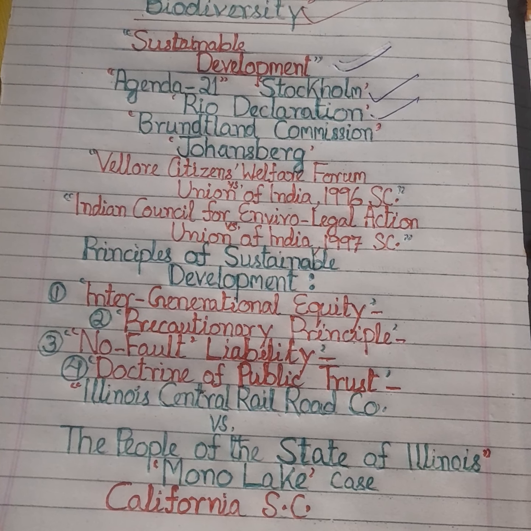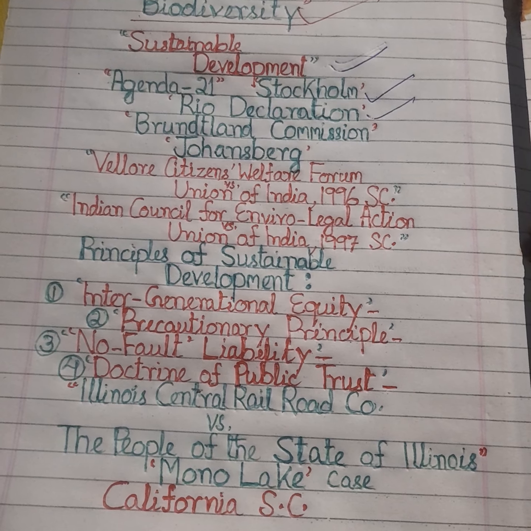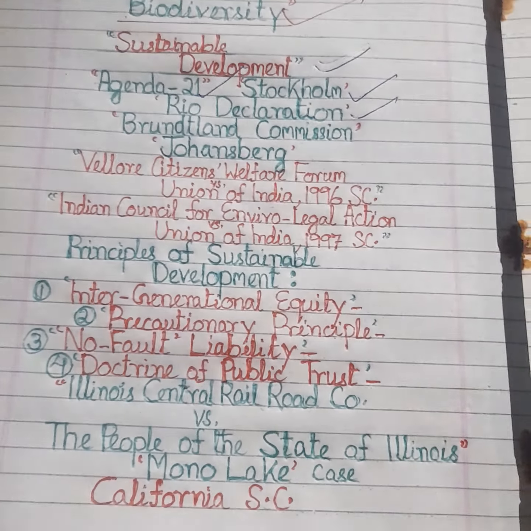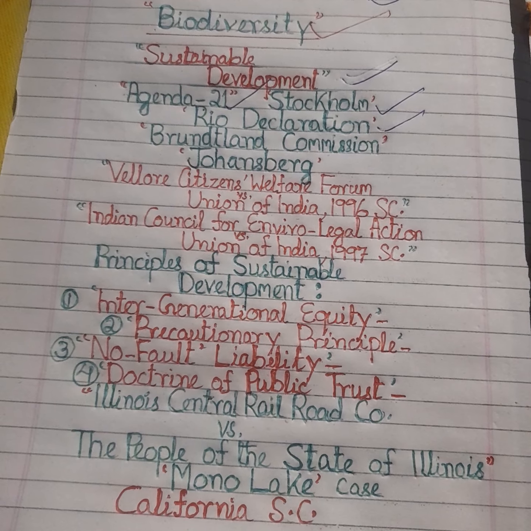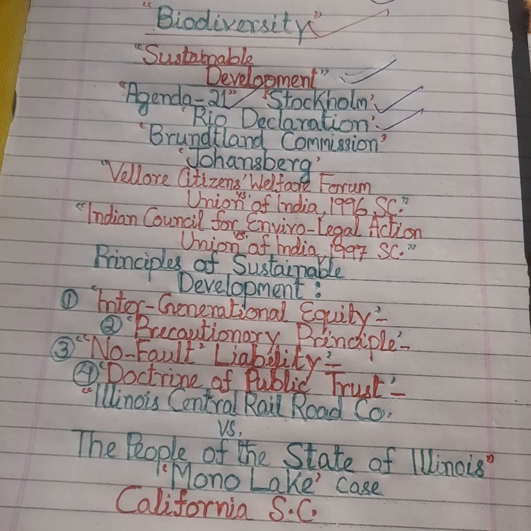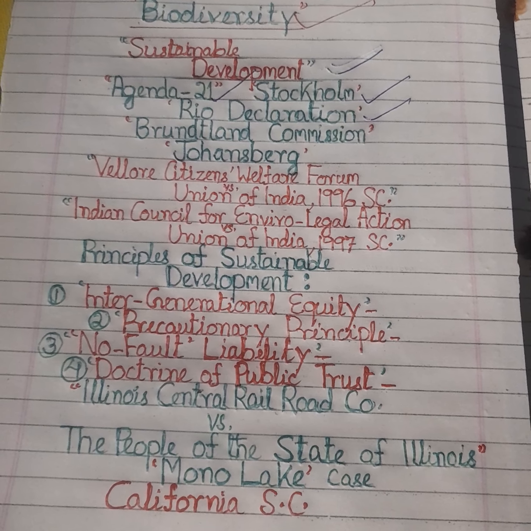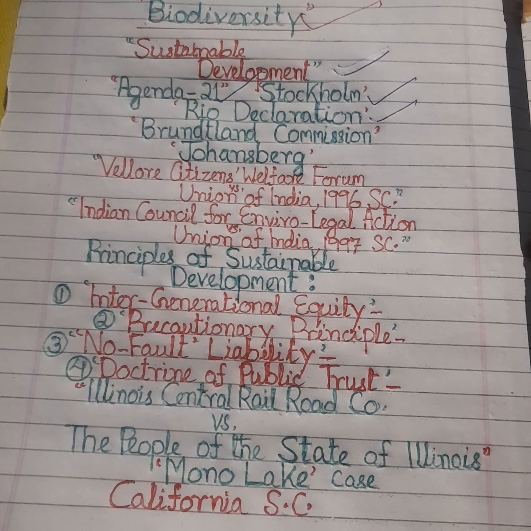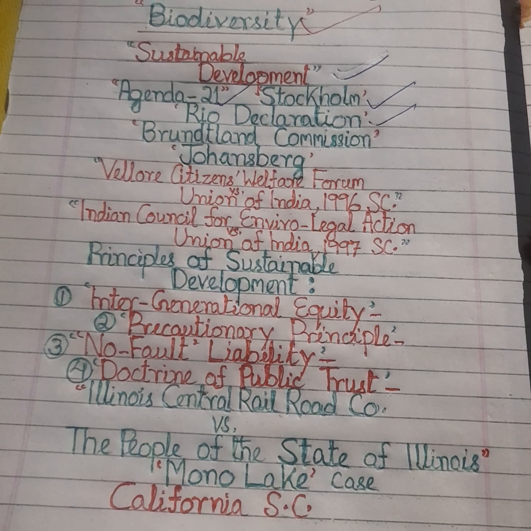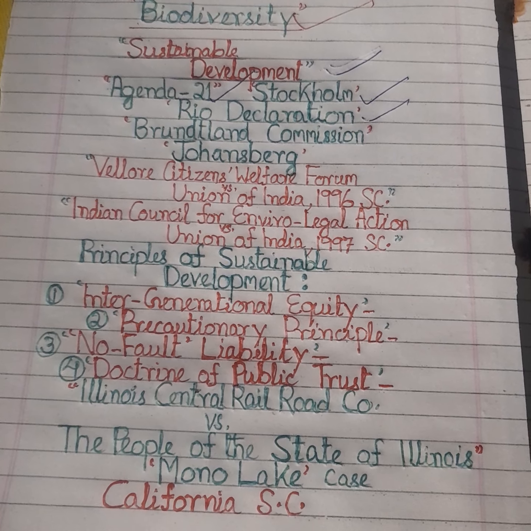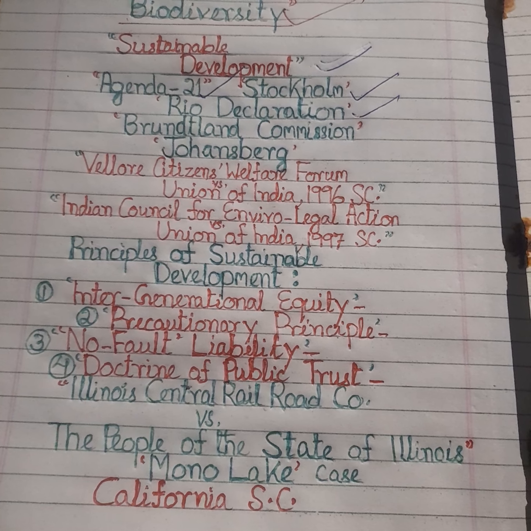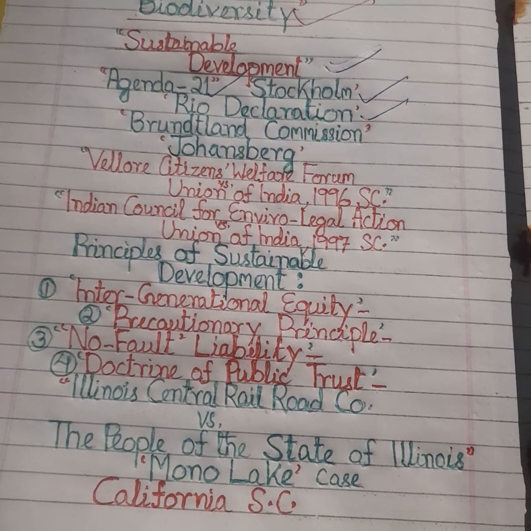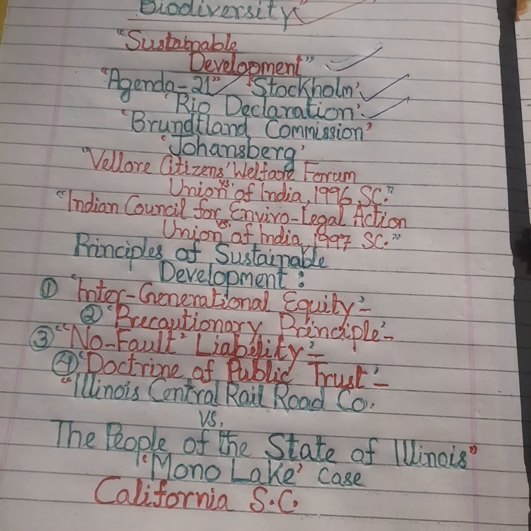The Rio Declaration adopted Agenda 21, and also the Climate Change Convention and the Convention on Biological Diversity, for environmental management to carry out the principles of sustainable development.